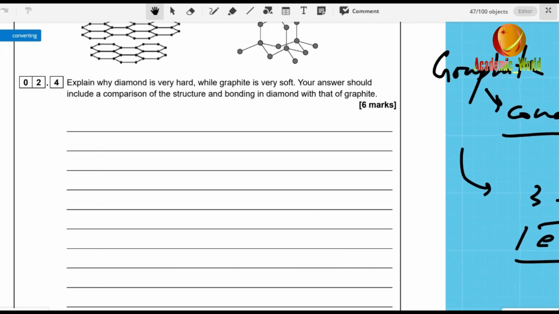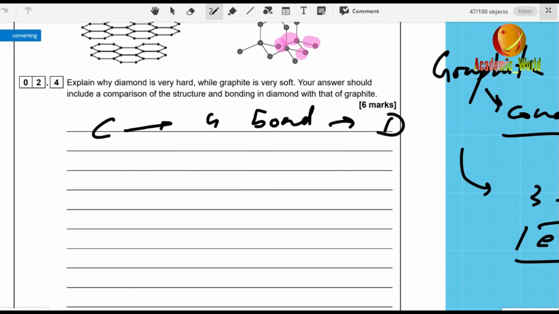You can see the same type of question here in the diamond: each carbon is making 4 bonds. So you can say that in diamond, each carbon atom makes 4 bonds, and it will make a giant covalent macromolecule, and the strong covalent bonds require a significant amount of energy to break, making diamond very hard.